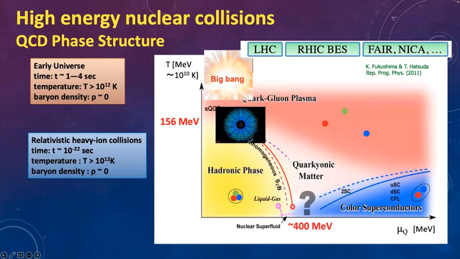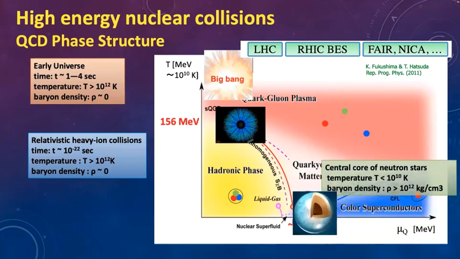And back to this high energy nuclear collision story. The main interest is this high temperature matter, for example, the early universe, or this image of STAR collaboration events. The temperature is very high. And if we go to more high density regions, there's another subject which we are interested in now.